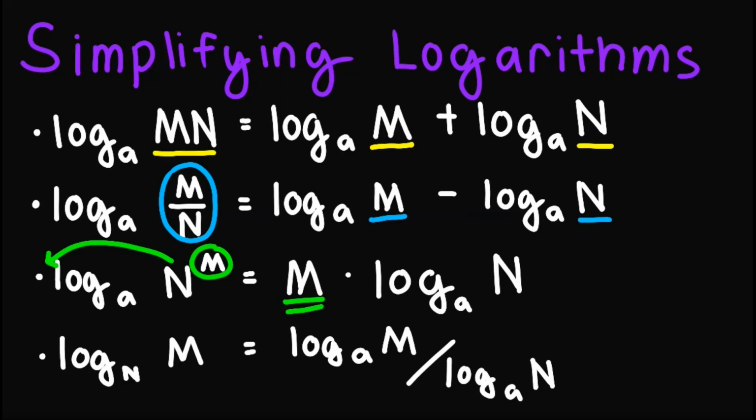If we have the logarithm of m with respect to base n, we can write this as the logarithm of m with respect to some base over the logarithm of n with respect to some base. But note that the bases here, the a's, cannot be equal to 1. So take note of that.